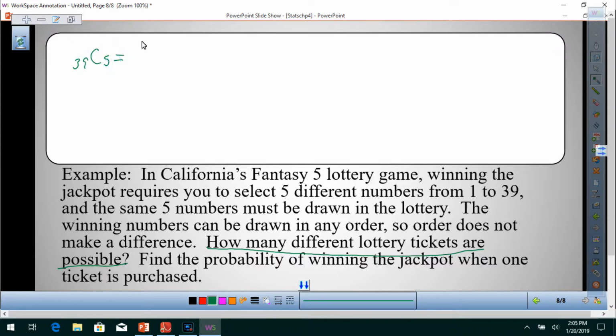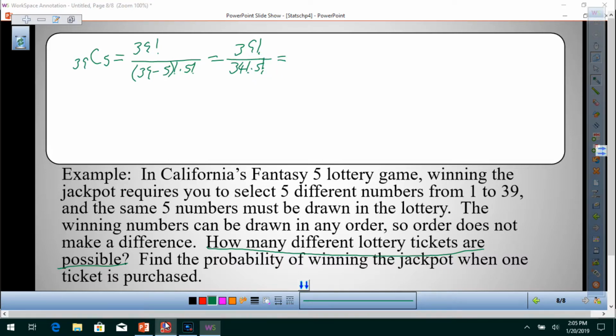And that's going to be 39 factorial divided by 39 minus 5 factorial times 5 factorial. Okay, and that's going to be 39 factorial over 34 factorial times 5 factorial.